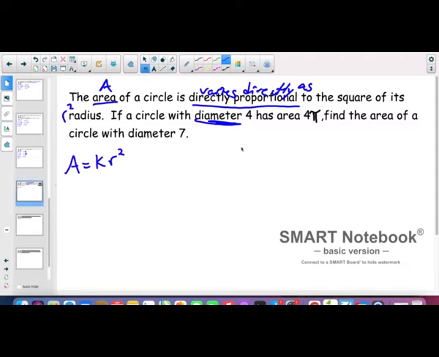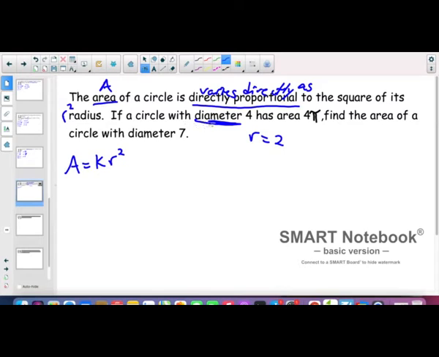Hopefully you remember from geometry, the diameter is twice the radius, or the radius is half the diameter. So for this one, if the diameter is 4, our radius is going to be 2. A common mistake for a problem like this is people put 4 in for the radius instead of 2. They just forget to simplify that, so be careful there.